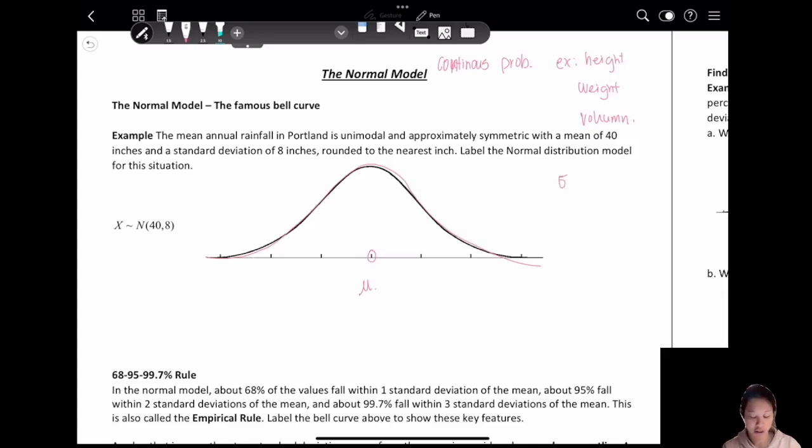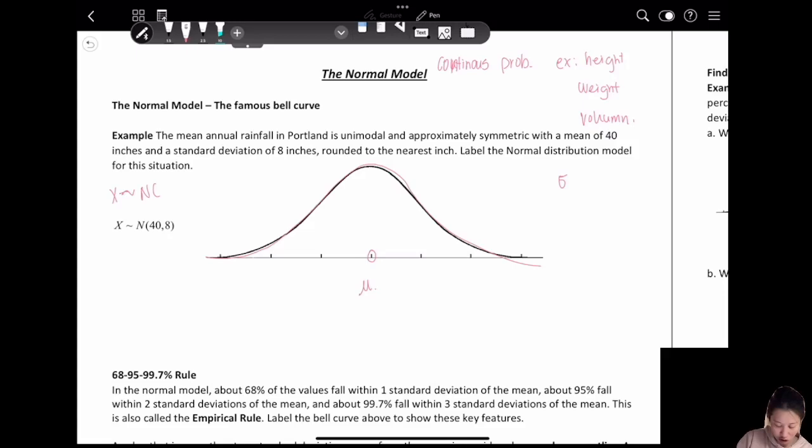Now here's an example. The annual rainfall in Portland is unimodal and approximately symmetric, with a mean of 40 inches and standard deviation of 8 inches. Rounded to the nearest inch, label the normal distribution model for this situation. In this case, we know that in the center is going to be the mean.